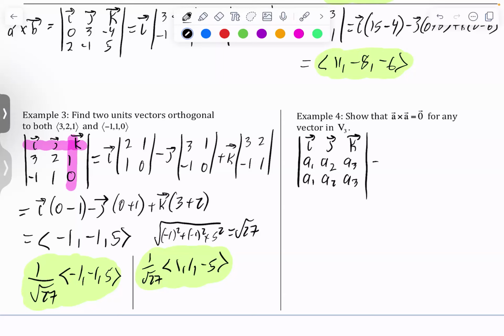So we can squeeze this in here. Vector I is going to be, and once again, here.